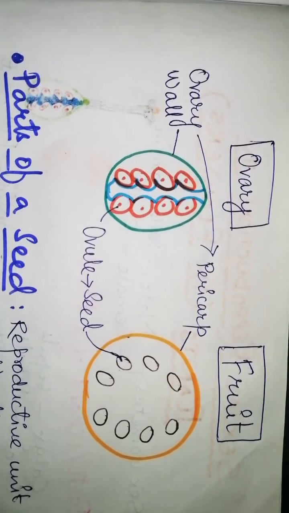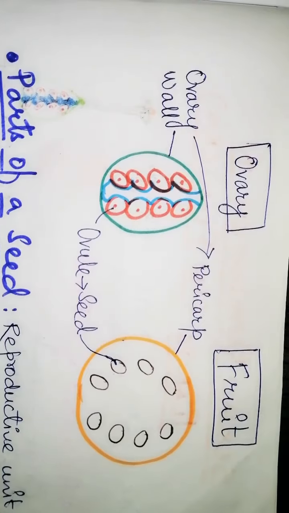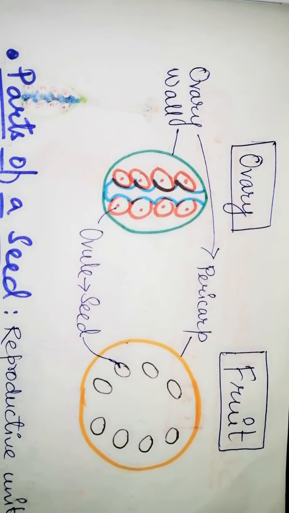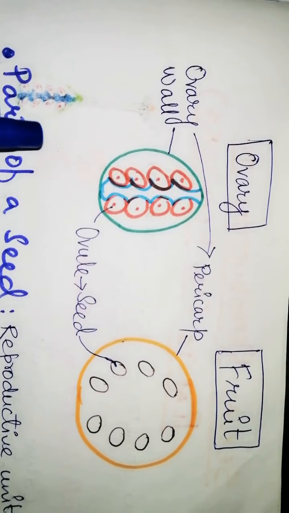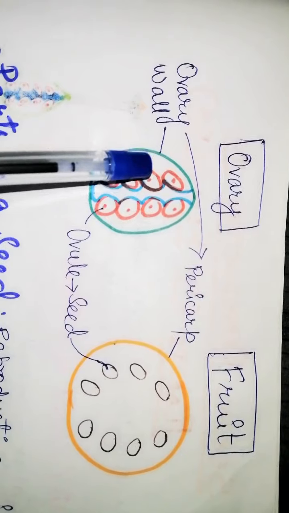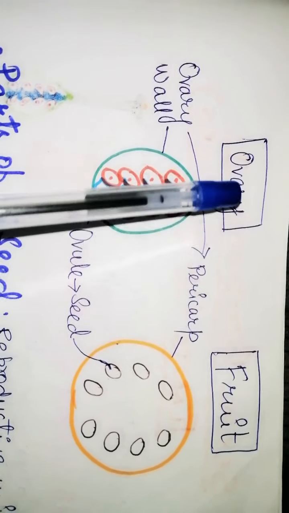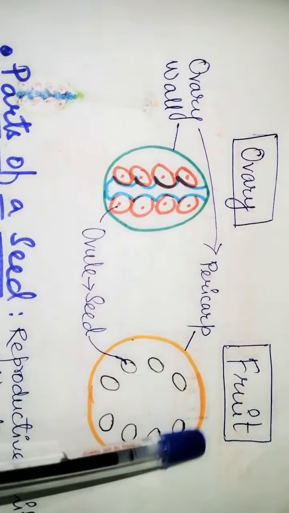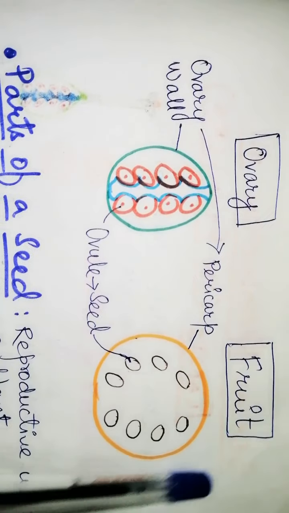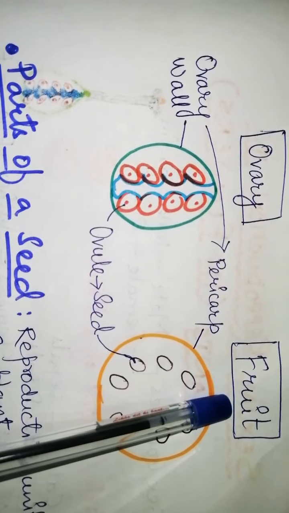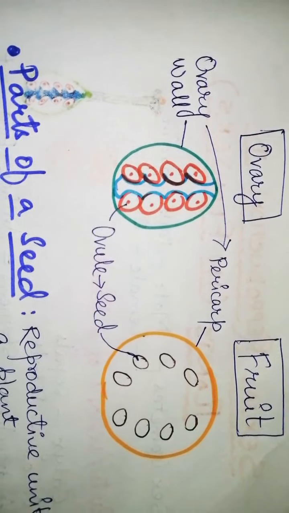Now each of the single ovule present in the ovary is converted into a seed, what happens to the complete ovary? Now, this complete ovary is converted into a fruit. During this conversion of ovary into fruit, what happens to the different whorls of a flower?